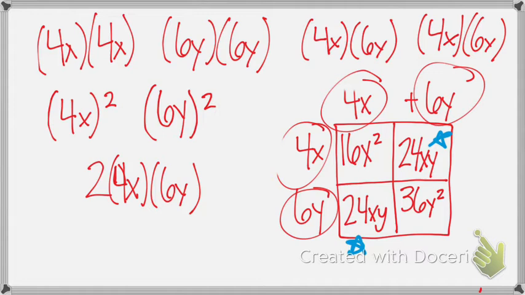So the only choice that I have that includes all 3 of those things is which one? Is R. What is different between R and P? Or R and S, I mean. It doesn't have a 2. And it has a 2 because I multiplied 4x and 6y twice. Okay?